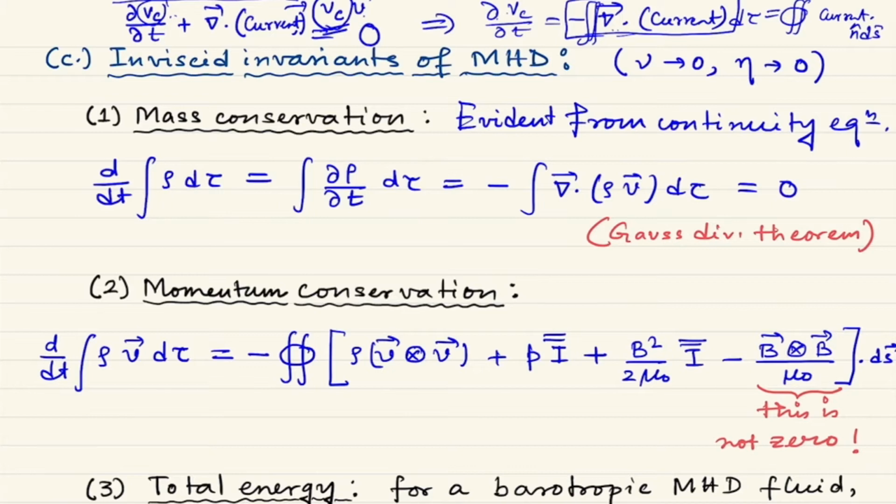If that current is proportional to the velocity, or in MHD we will see that it can also be the magnetic field, then on the surface enclosing that volume, at every point of the surface, v dot dS or B dot dS should vanish. Then you can justify that this divergence leads to a vanishing contribution to del del t of the integration over Vc d tau, thereby confirming the conservation.